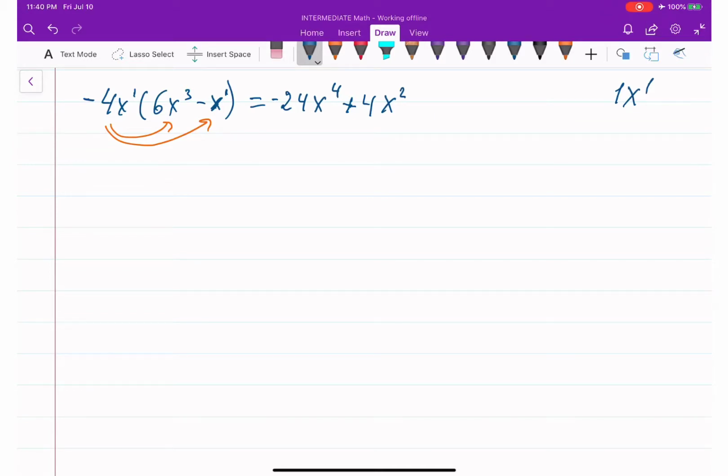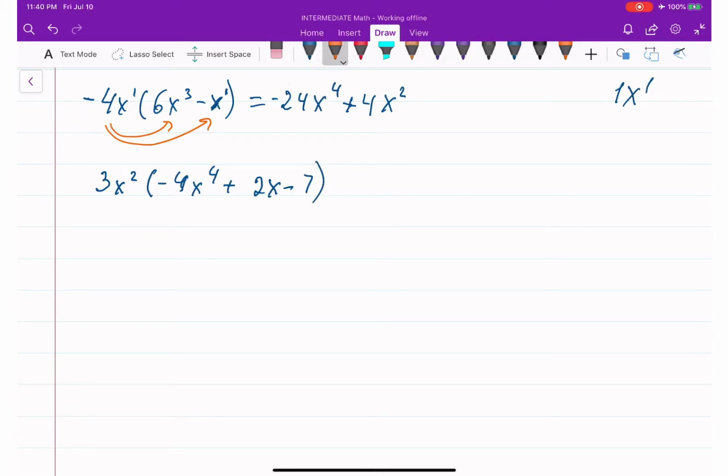Let me see. 3x squared times negative 4x to 4 plus 2x minus 7.